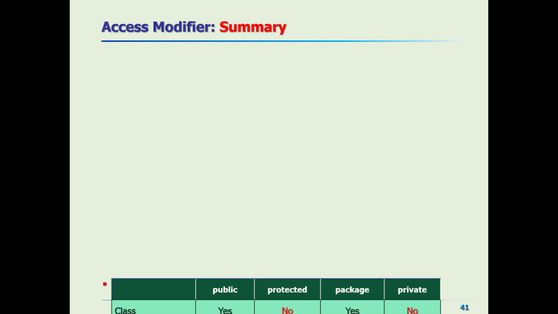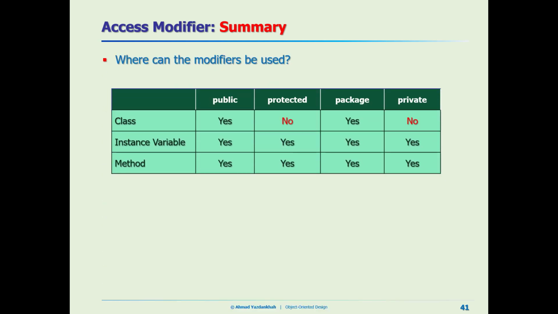And from the point of view of which one can we put where, this table is summarized: public can be put on the classes, it can be put on the instance field and on the methods. So public is so much flexible. When it is protected, it cannot be put on the class, but can be put on the instance variable and method.